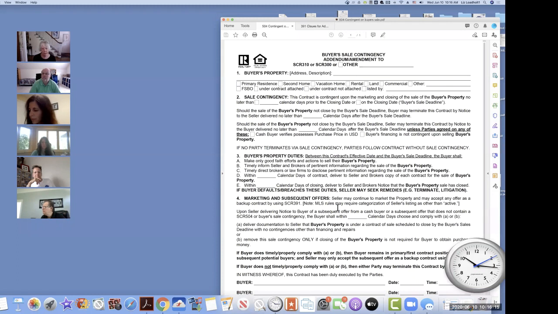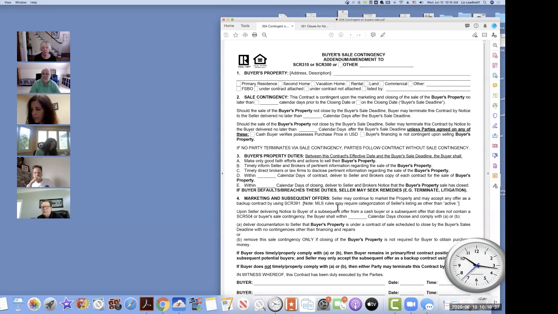So it's interesting that this form definitely refers to SCR 391. So if the seller may continue to market the property, it may accept any offer as a backup. And so they're saying you have to use SCR 391 for the backup, if you're having a backup contract.